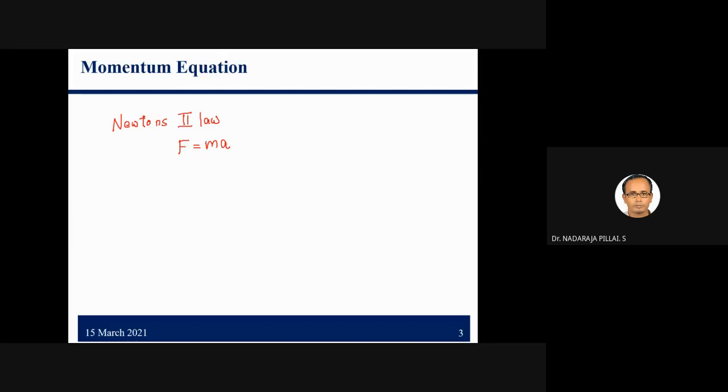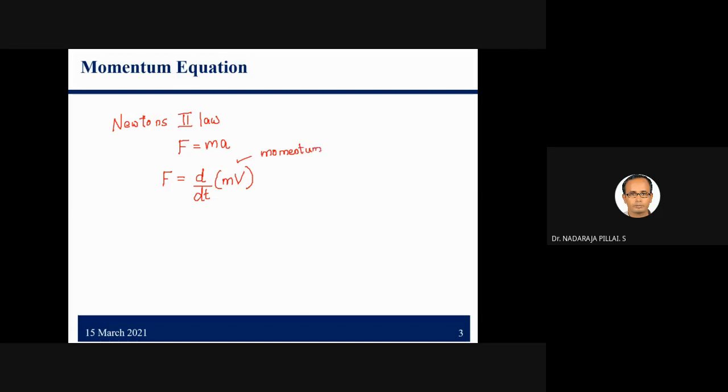In the more general form, we write this equation as F is equal to d by dt of m into V. This is the general form, and you know very well that mV is the momentum.